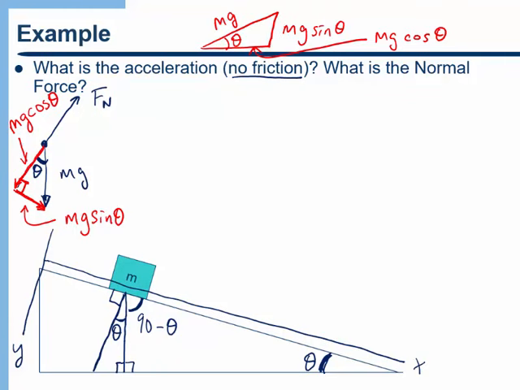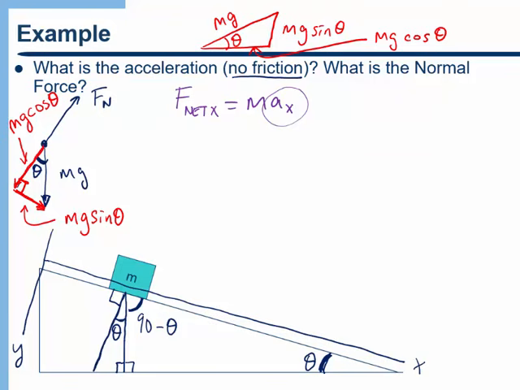Once we've got that figured out, we can now apply Newton's second law in each direction. In the x direction, the net force is equal to the mass times the acceleration. And this is what we're trying to find, because again, the x direction is along the incline.